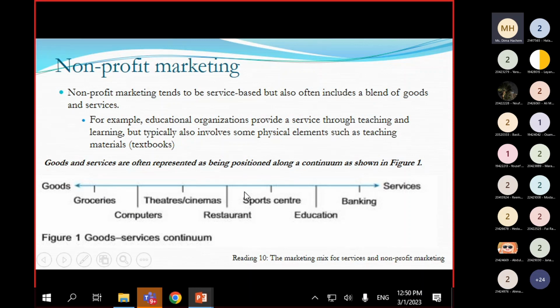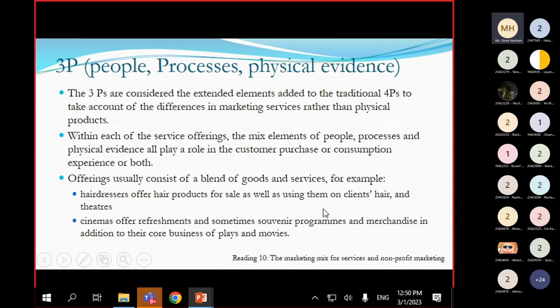So you have everything in between. The ones that are closer to the services part have more of a service aspect to them, and the ones that are closer to the goods have more tangible. So here we have more tangible, here we have more intangible on the service side.